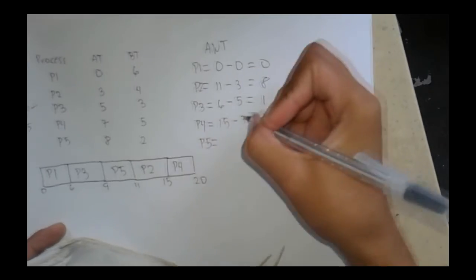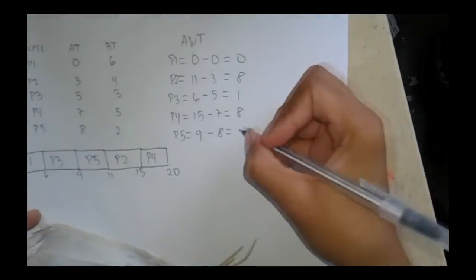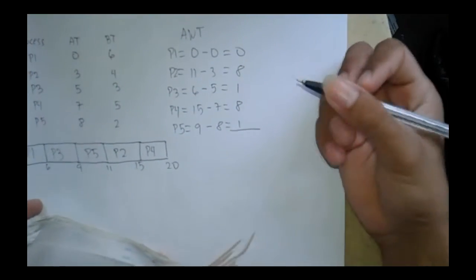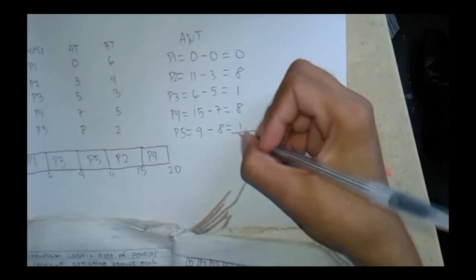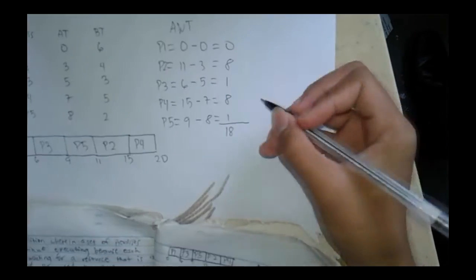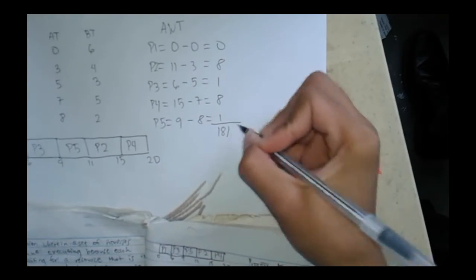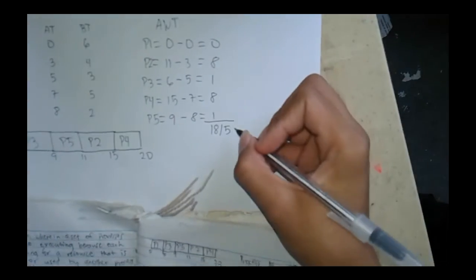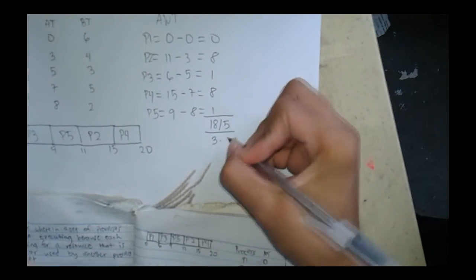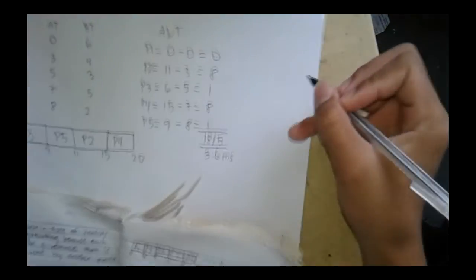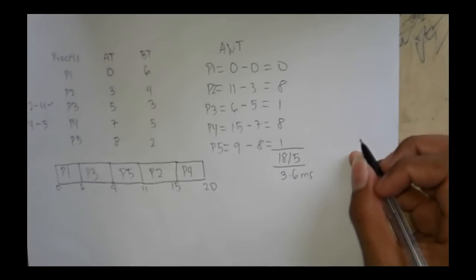P5 starts at time 9 minus 8. Then we compute 8, 1... we have 18. And you need to divide the total sum of waiting time by 5, and then it equals 3.6 ms.